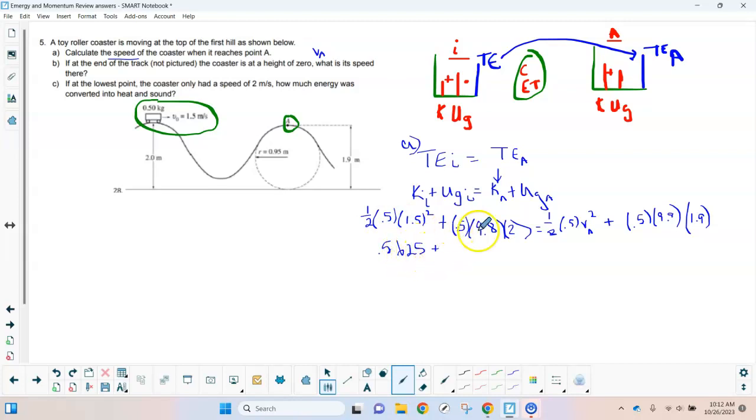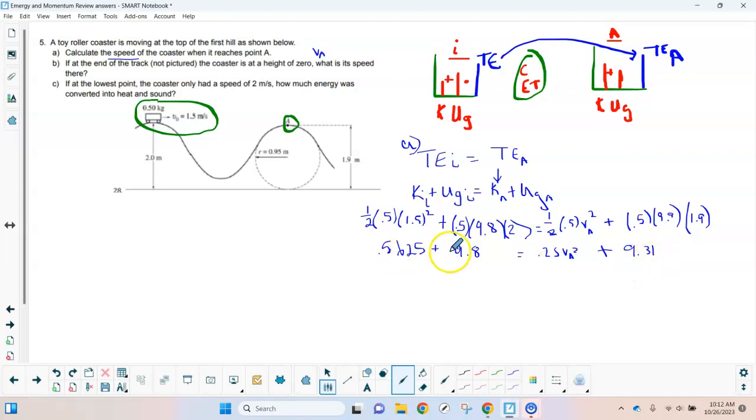And then you're going to add half of 2 is 1, and 1 times 9.8 is just 9.8. And then that's equal to 1/2 times 0.5 is 0.25 VA squared. And then we're going to add 0.5 times 9.8 times 1.9, and that's 9.31.